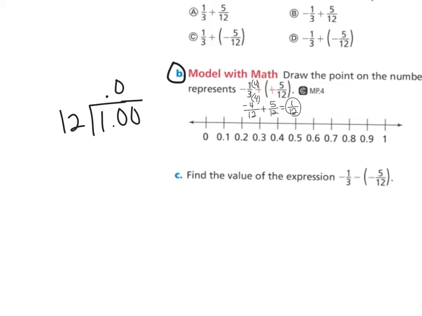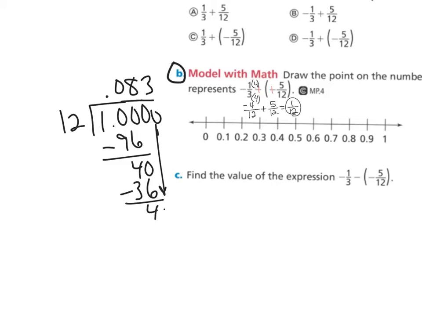12 does not go into 10. 12 goes into 100. 8 times would be 96. 12 goes into 40. 3 times would be 36. And what's going to happen, this is actually going to be a repeating decimal. Okay, so it's between 800ths and 900ths.